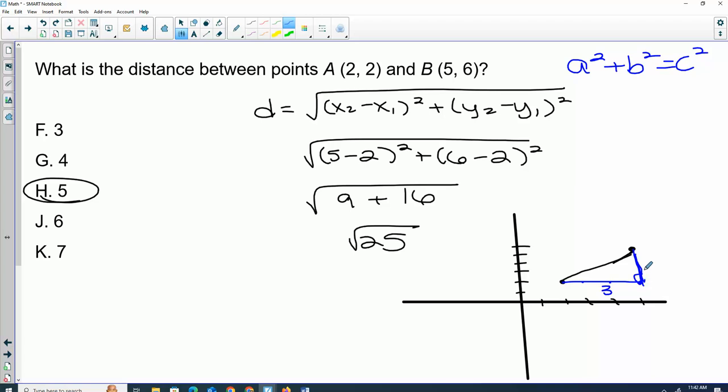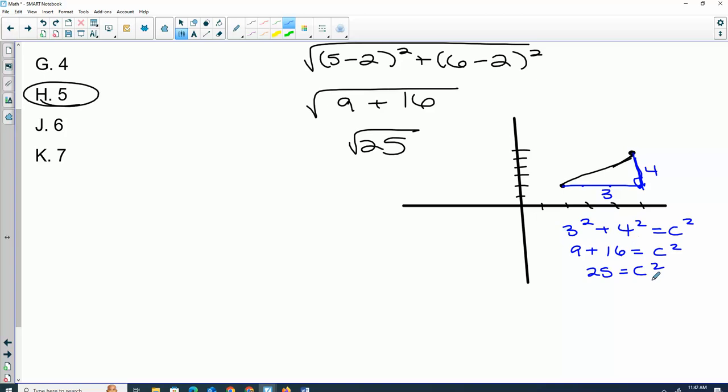How far is it from here up? That one's 4, isn't it? So you need to draw yourself a neat graph so you can count. But then we have our two sides, so we could do 3 squared plus 4 squared equals c squared. So 25 equals c squared, and to get rid of a square, take the square root.